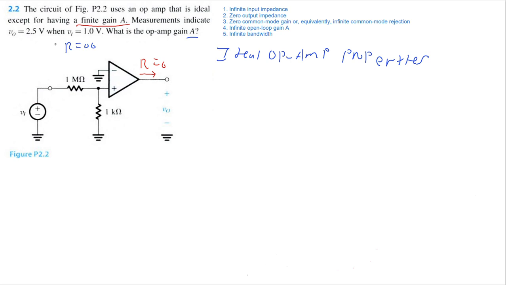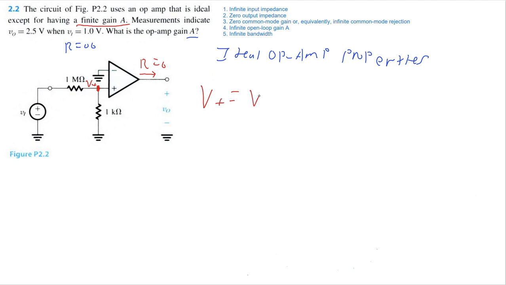In order to know what the gain A is, we need to know the voltage at this node, which I'm going to label V positive. It's not just Vin, because these resistors take out some of Vin. We have to do a resistor division calculation.